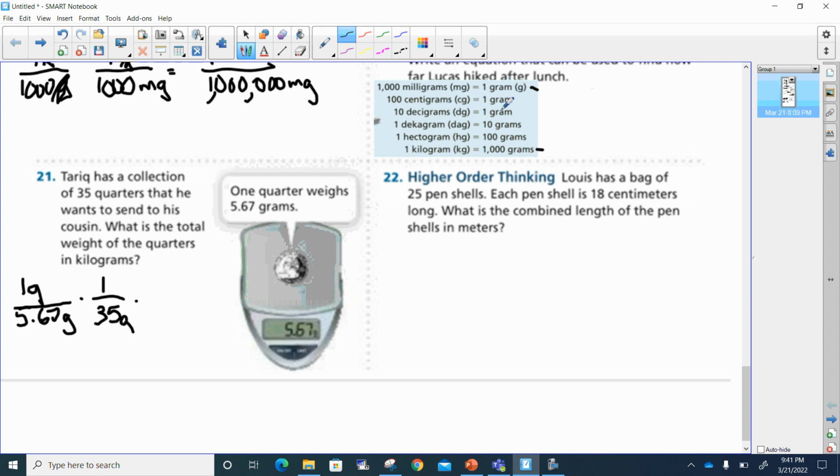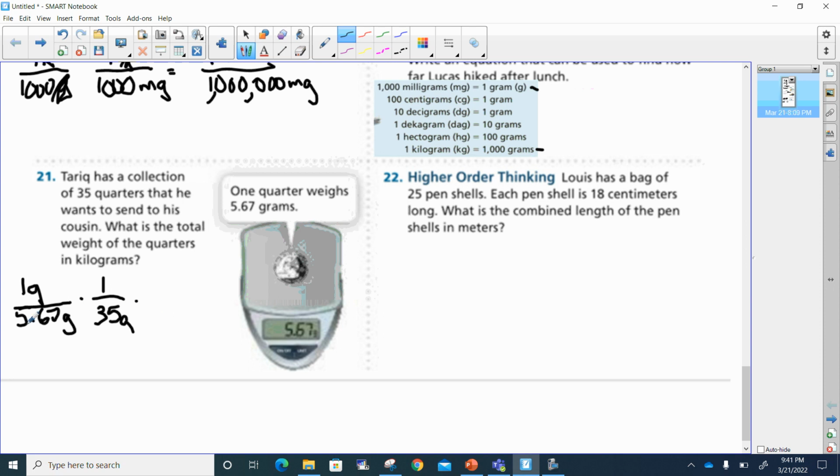And we're going from grams to kilograms. Grams to kilograms over here is 1 kilogram equals 1,000 grams. Again, we want to get rid of the grams. Grams is on the bottom here, right? So we're going to have to put the grams up on top. That's 1,000 grams. And then we'll have to put the kilograms on the bottom, I believe.